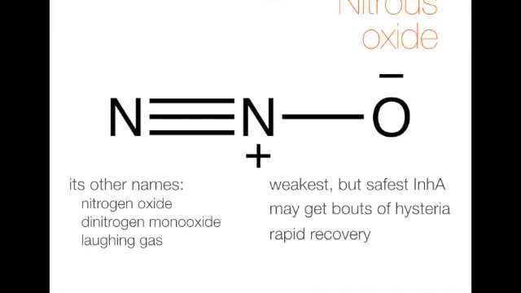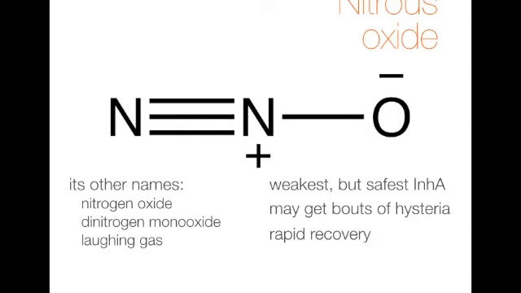Let's have a look at this famous nitrous oxide. It is known by other names such as nitrogen oxide, dinitrogen monoxide, or laughing gas. People under the influence of nitrous oxide would be so excited and happy. It is the weakest but the safest inhalation anesthesia at that time.